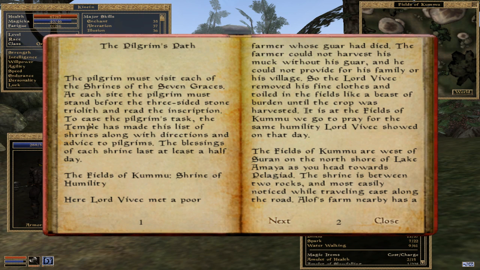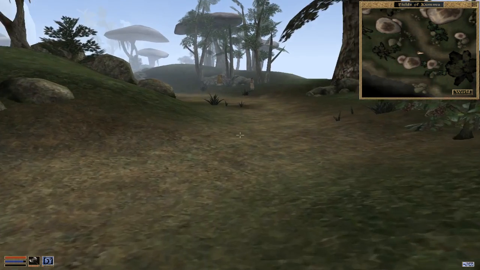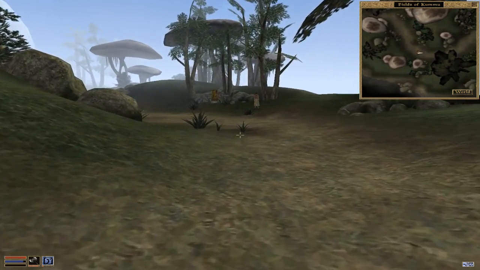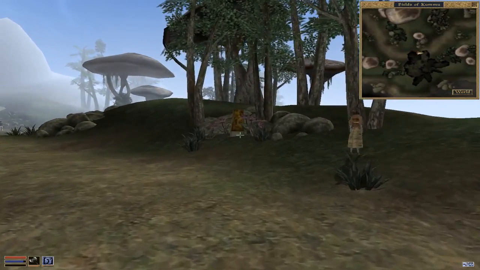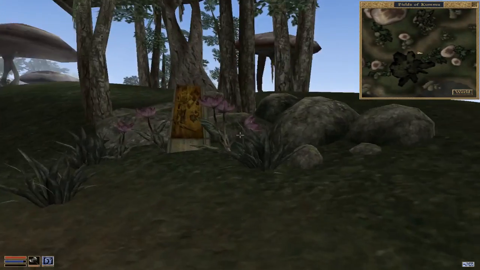Okay, so how many shrines are there? Let's see. The pilgrim must visit each of the shrines of the 7 graces. So I think it means there are 7 shrines. And the first shrine that we can visit is here, Fields of Camus. Is it this shrine or is it inside the village itself?